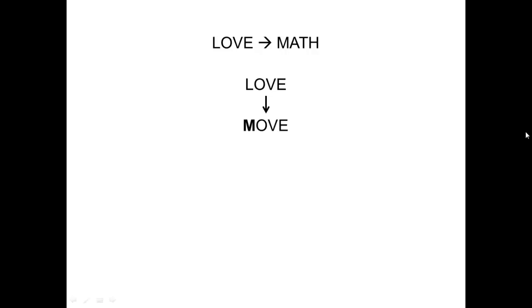I could keep going. I could change the V into a T. Move becomes mote. Mote becomes moth. And moth becomes math. So one step at a time, each time I change something, it's still true. But you may have noticed that right here, from here to here, we could actually have gone a completely different route.